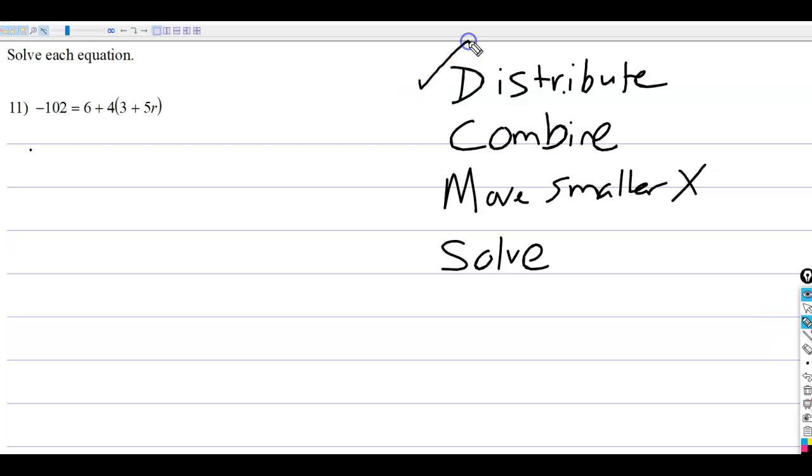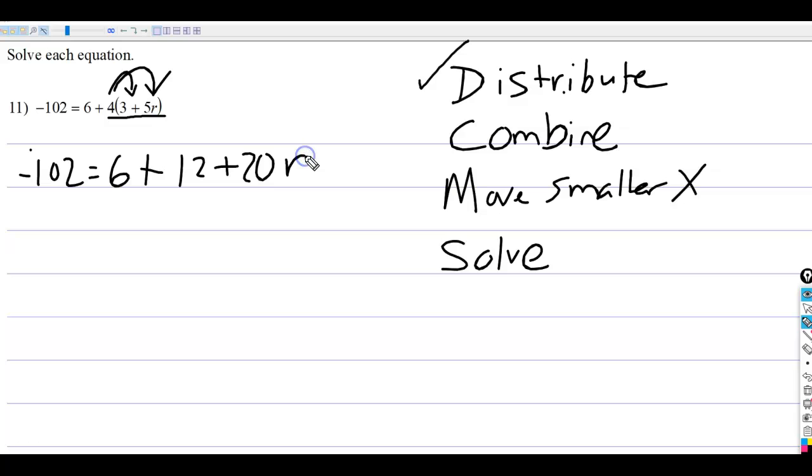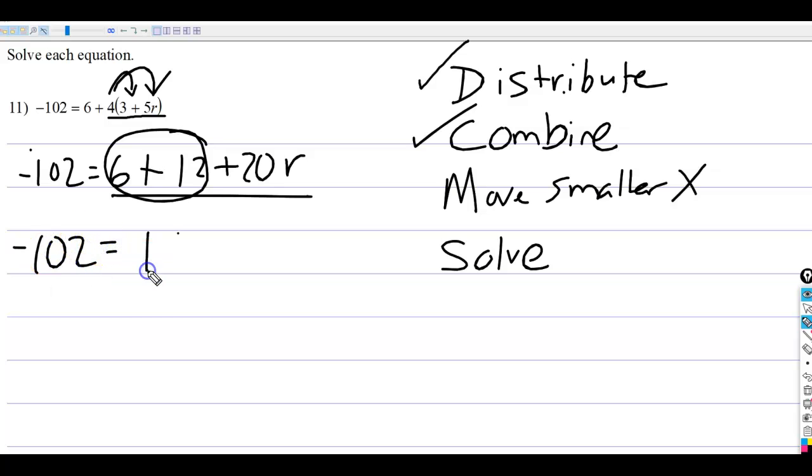So step 1 is to distribute. I do have some distribution here. So if I distribute the 4 inside to both terms, I end up with 12 plus 20r. Next step is to combine like terms. On the left side of my equation, I have 2 like terms that I can combine.